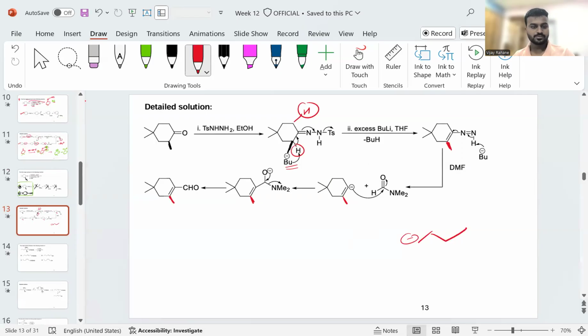This is one of the possible products, and for B, also draw the same reaction mechanism. So this is the B product, and what will be the reaction mechanism for that one, and which product will be the major product? That you need to find out.